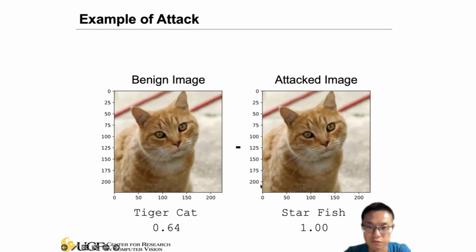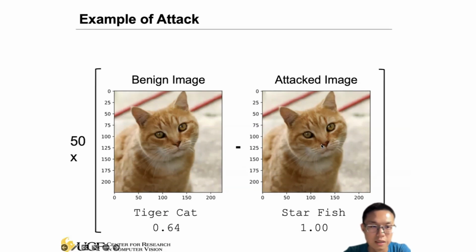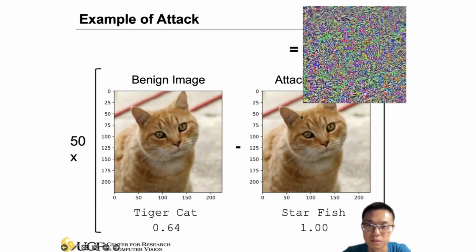And we can compute the difference between the original input, the benign image, and the attack image. Here, if we magnify that difference by 50 times, this may be the perturbation or the noise we've added to the original image. Again, this is magnified like 50 times so that we can observe something different. If we don't do the magnification, then we are not able to tell there's much noise added to the image, as you can see from the attack image there. For the human eye, we are not able to see much of the difference.